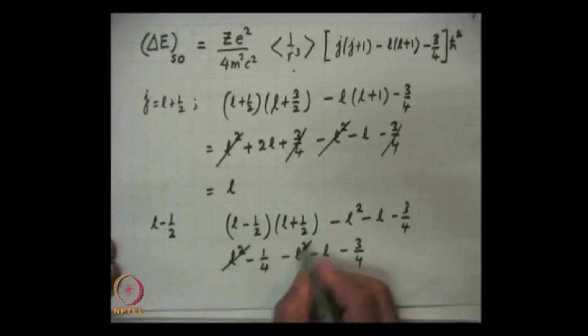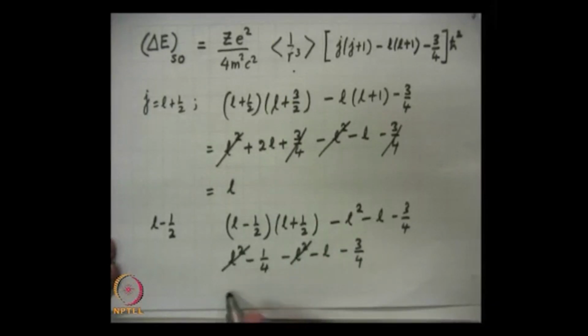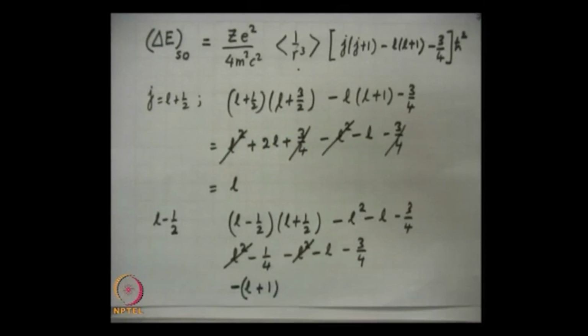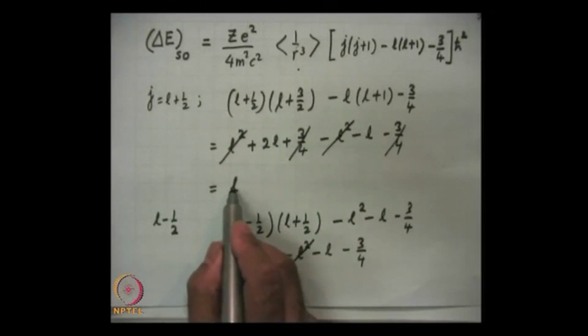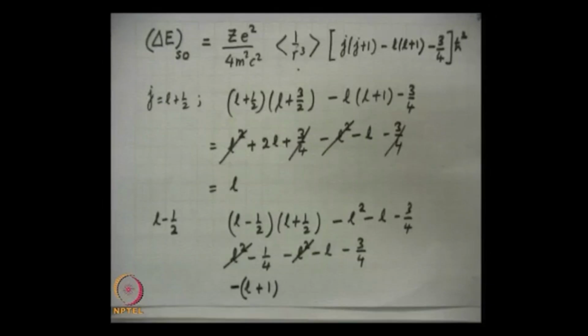So, L square cancels out. So, this will become minus L minus 1. So, minus brackets L plus 1. So, you will have a minus sign there. Here, as you can see, this is a plus sign, and the other will be a minus sign.